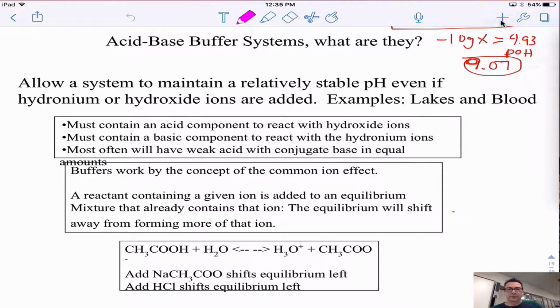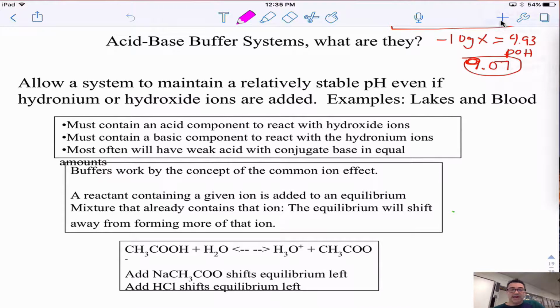So let's go through and talk about how a buffer is actually going to work. A buffer behaves the way it does because of something called the common ion effect. And what we're going to see is that we can get the buffer to shift towards either the left or the right, depending on what we add to the buffer. That's because we will have both an acid and a base component present that will allow the equilibrium to shift.